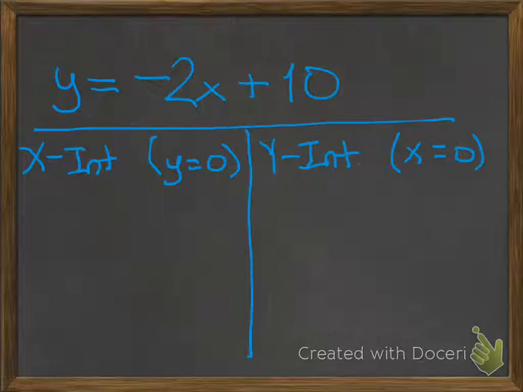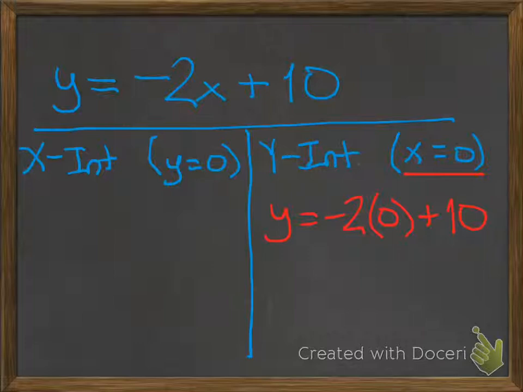To make things a little easy, we're going to start off by finding the y-intercept. To do that, we're just going to replace the x with 0. So our equation is written as y equals negative 2, parentheses 0, because x is 0, plus 10.